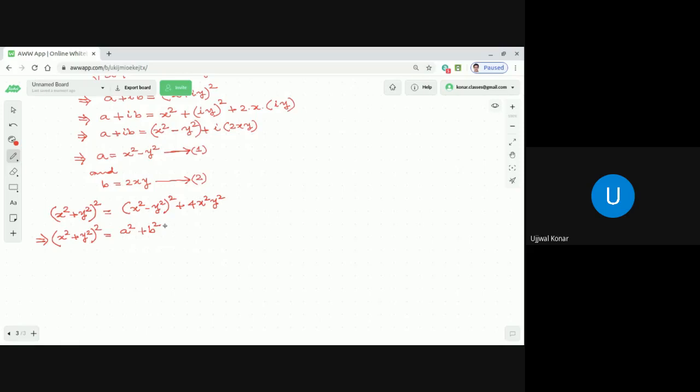Correct, dear students? From here, taking the square root, x square plus y square is equal to square root of a square plus b square. Now let us give this as equation number 3.